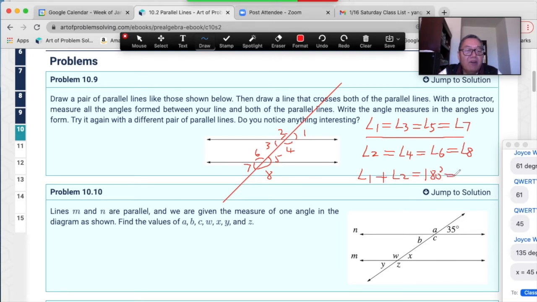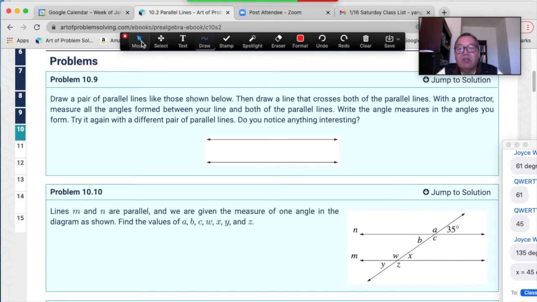This one definitely also equals angle 3 plus angle 4, also equals angle 1 plus angle 4. But I also have a lot of other equalities here. I don't need to write that. I think you can get that if you want.